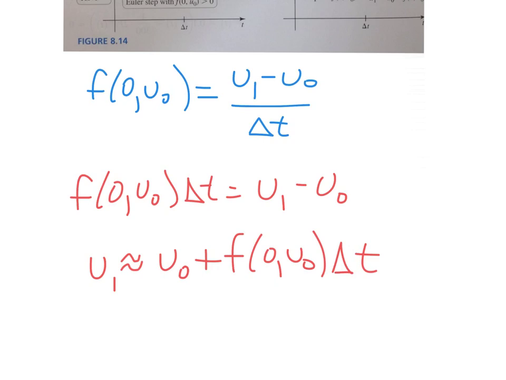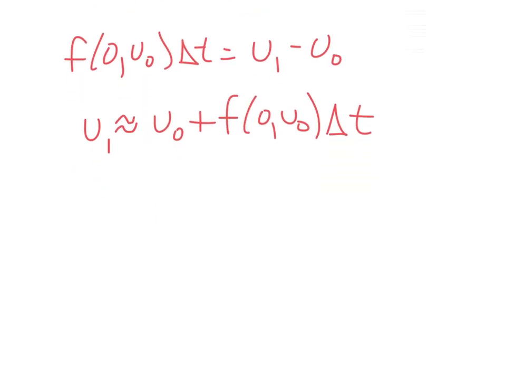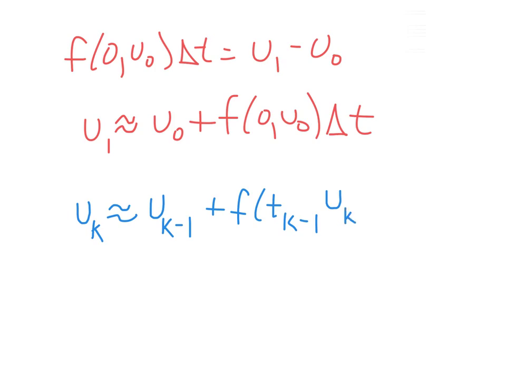Okay, and so now we can generalize this. What we can say is that any future approximation that we want is going to be approximately equal to the previous approximation plus the slope of our previous point times the change in t, our time step.